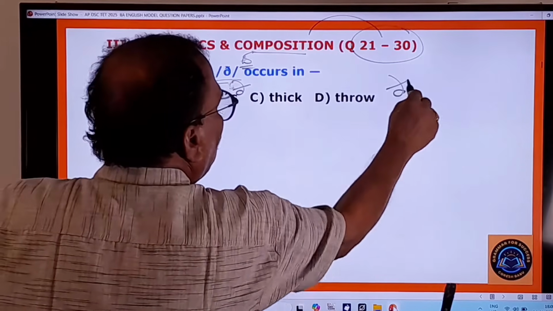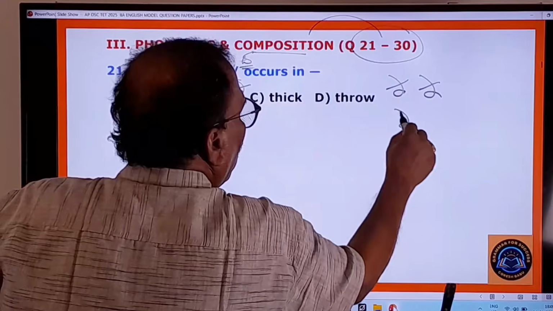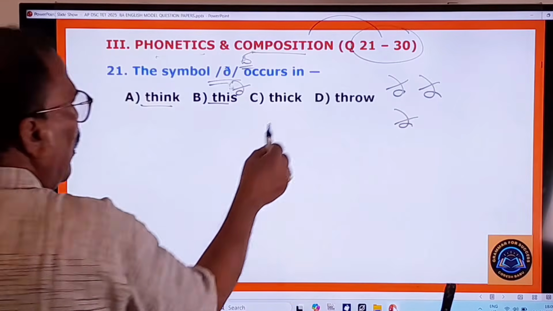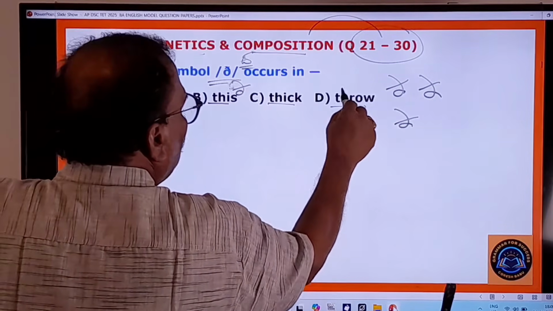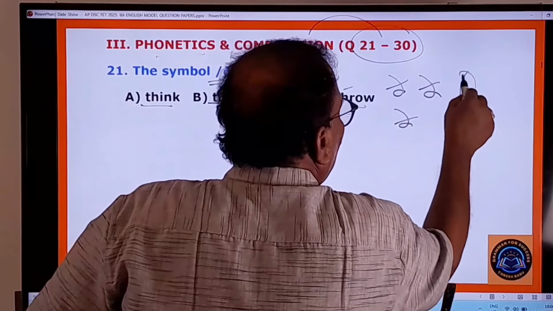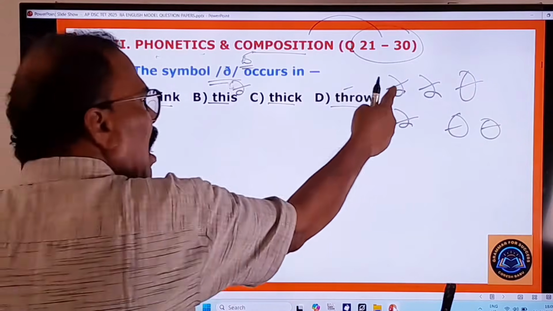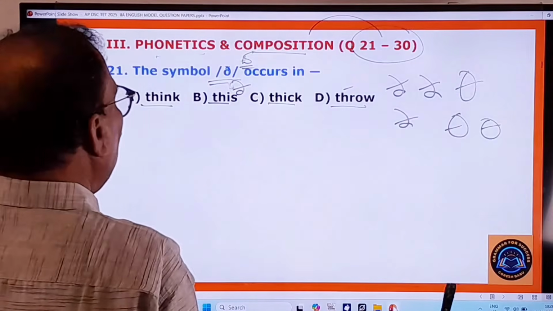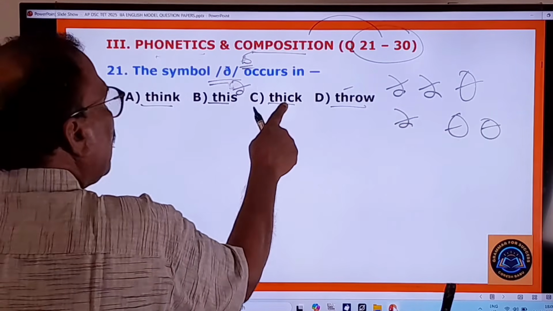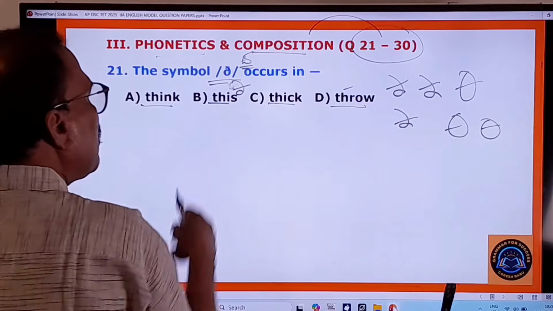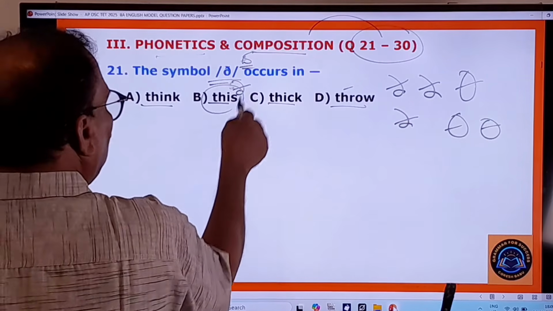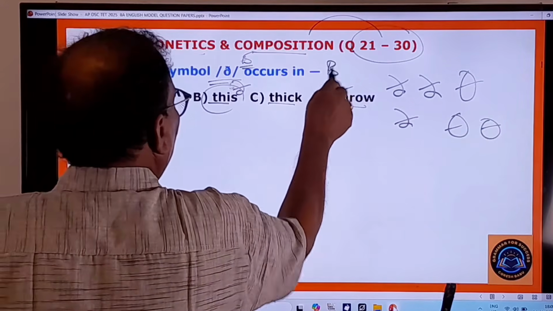This is how you have to write. Thick, throw, ta is written like this. That is ta, this is da. Remember, these are the phonetic symbols. So, think, thick, throw: in all these three words, the ta sound is there, but only in this word, the da sound is there. So, therefore, B is your right answer.